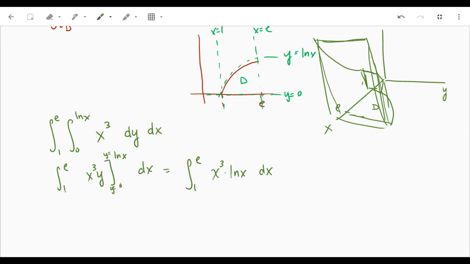So when you do integration by parts, that is your first choice for u. And then du would be 1 over x dx. dv would be x cubed dx. v would be x to the 4th over 4 then.